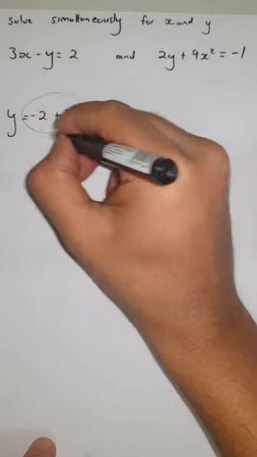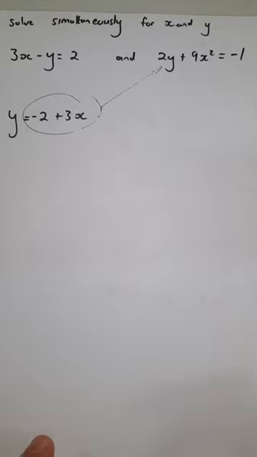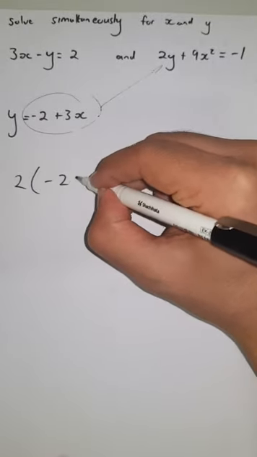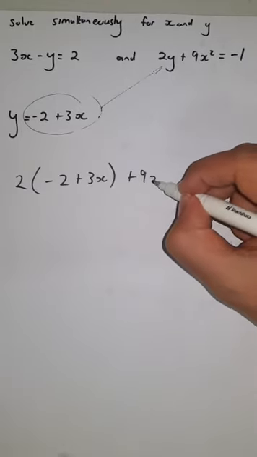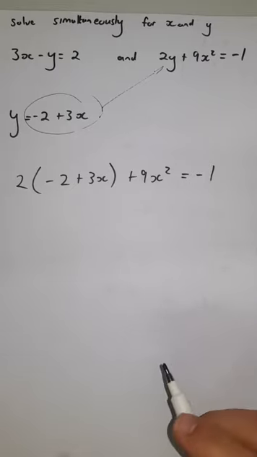We then substitute that y value into there, which gives us 2 into minus 2 plus 3x plus 9x squared equals minus 1, and we solve for x.